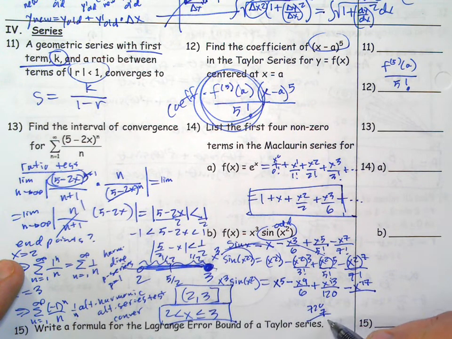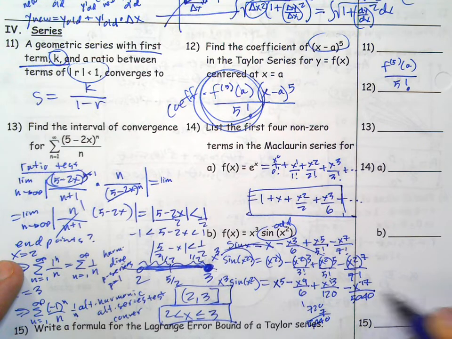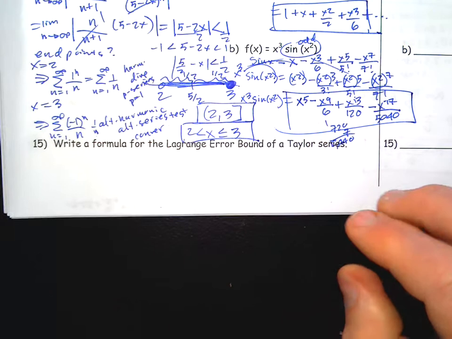You could probably just leave the factorials. So it'd be 5040. So you've got to be good at building Maclaurin series from other Maclaurin series.